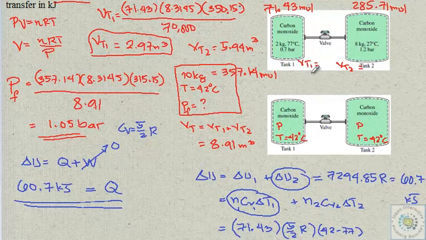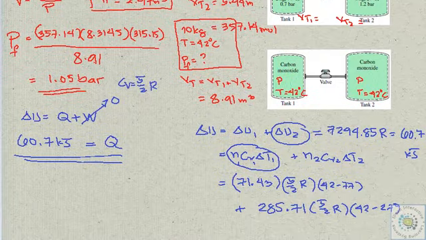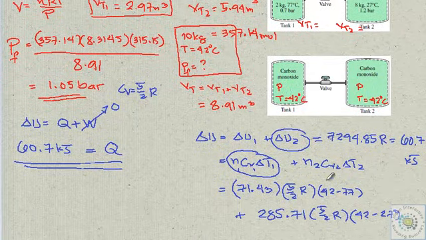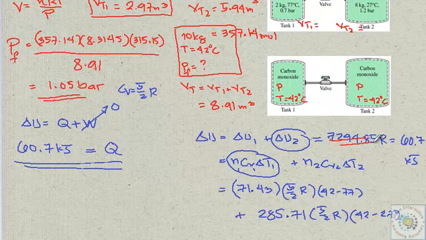But wait, as I go through the review of this, it's not supposed to give me that. So I think this is a mistake. When you evaluate this one, multiply everything, put R to be 8.3145, you will not be getting 60.7 kilojoules.